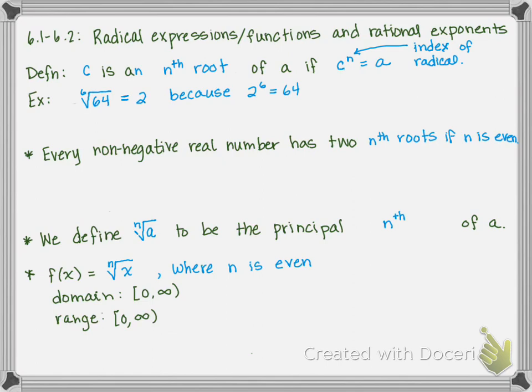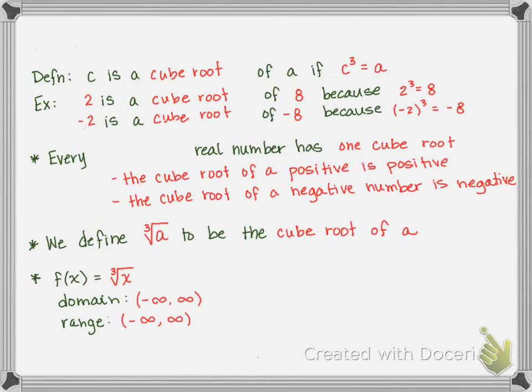And then we can generalize odd roots as well. So just like we said before, C is an nth root of A if C to the n equals A.